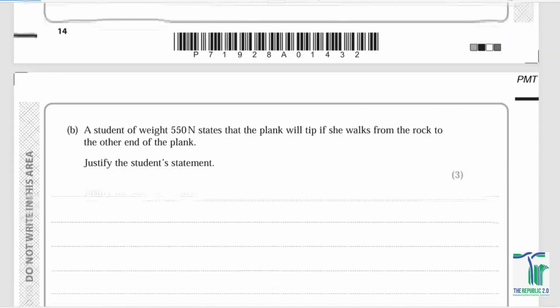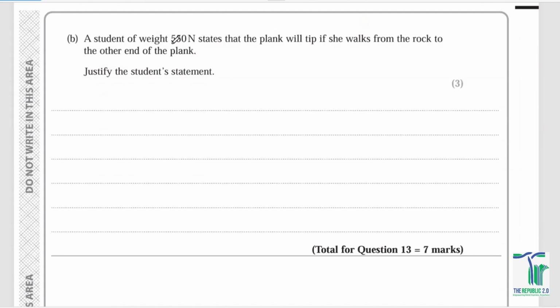In the next part of the same question, a student weighing 550 Newton states that the plank will tip if she walks from the rock to the other end of the plank. Her weight is 550, and she's saying it would tip when she moves from the rock to the wall.